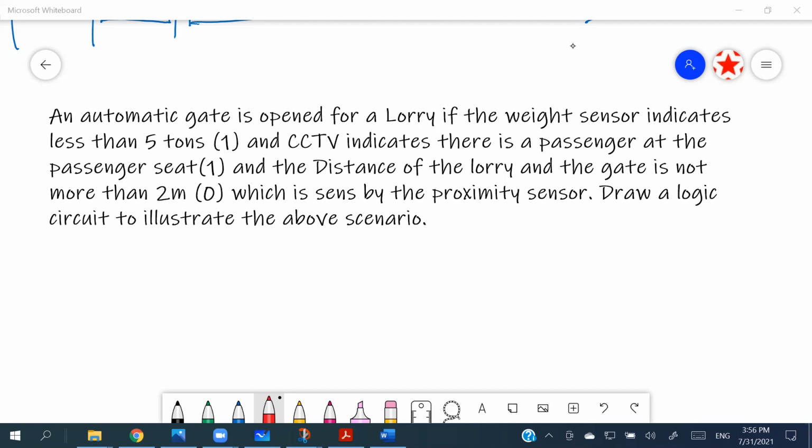Yes, Osanda, very good. It's going to be the gate. So the gate is open, that is going to be your output. Yes, Udamya, that is great. And what are the inputs that control the gate? Or like, what are the components that control the gate?